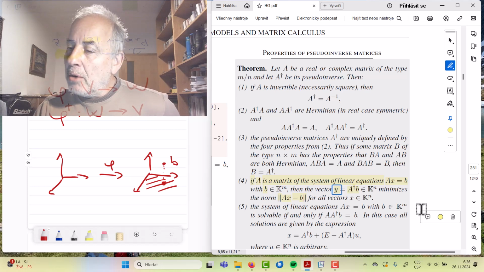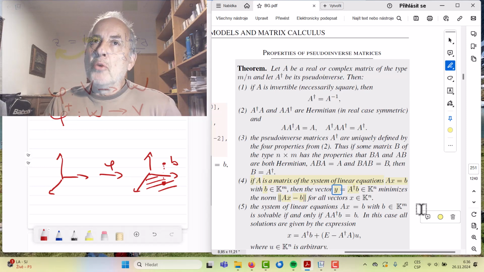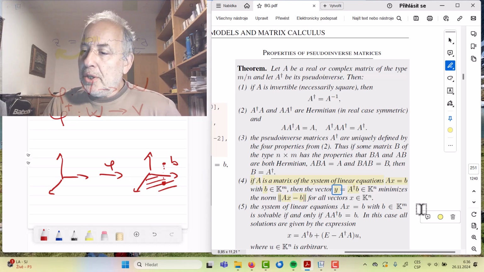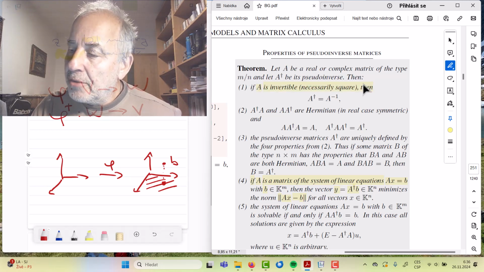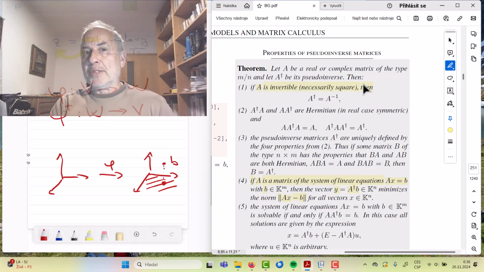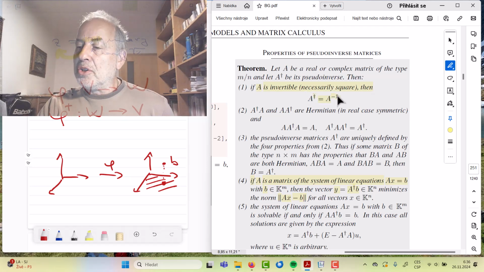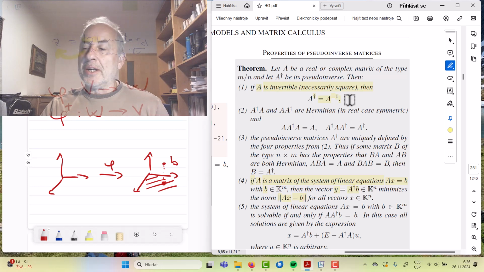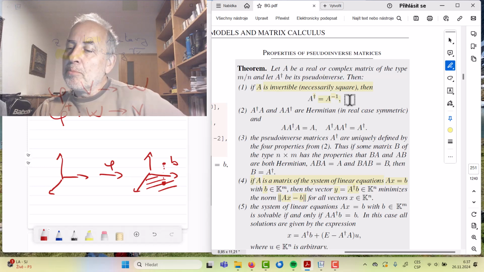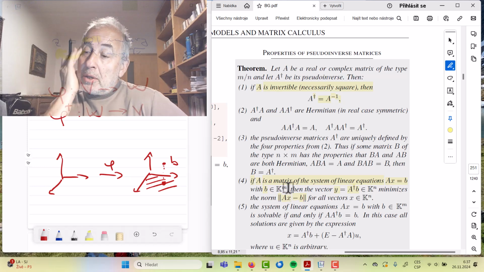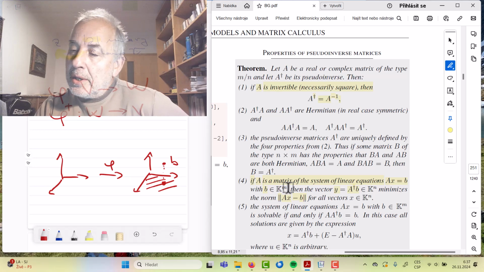And now let's have a look how close they are to the inverses. So first, if A is invertible, so necessarily it must be a square matrix, then we just recover the original inverse. So there is no change. So that's a good sign, right? So we are on the good track to have a nice generalization of the inverse matrices.